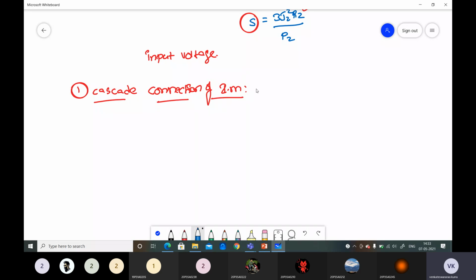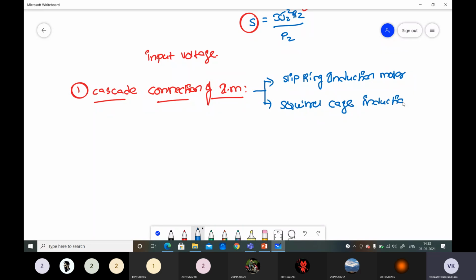For this we need to take two motors: a slip ring induction motor, and the other one a squirrel cage induction motor. So cascade connection means the output of the slip ring induction motor is given as input to the squirrel cage induction motor.